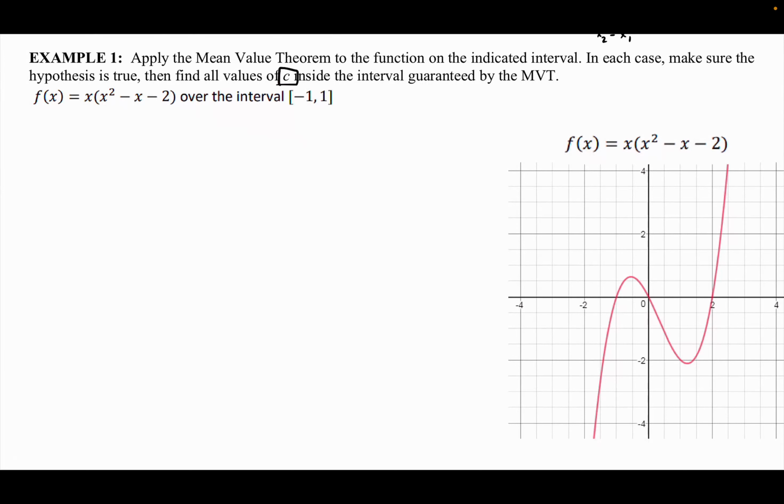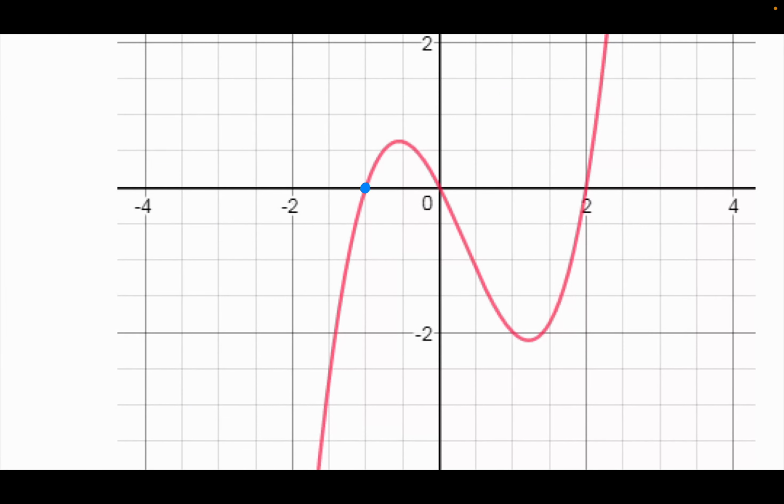So at -1, it looks like the dot is right there, and at +1, it looks like it's right here. The first thing we got to do is find that slope. The first blue dot is at (-1, 0). The second blue dot is at (1, -2).